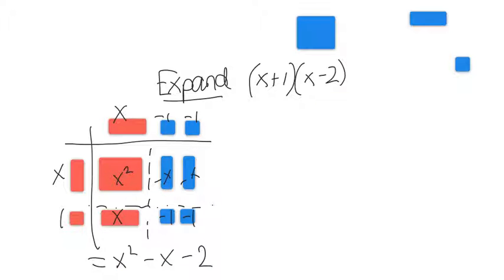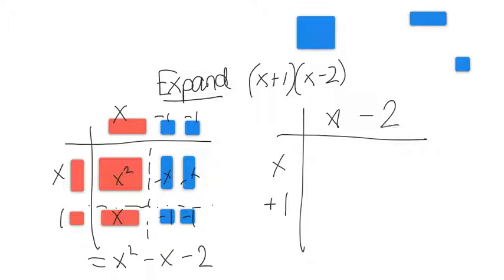Now, we normally show you how this looks with the tiles first, but we pretty quickly want to move to a situation where we get rid of the tiles, where we abandon the tiles, and here's how that kind of looks. I set it up exactly the same way. This is x plus 1. This is x minus 2.